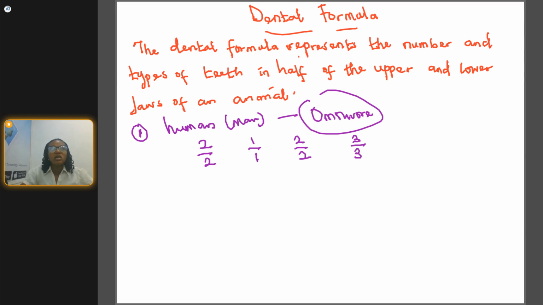Or instead, let's make use of a simpler method. Let's make it into a table so that you can have a better understanding of what I am saying, and so that you can compare and contrast with the other mammals that we discussed today, which are sheep and dog.